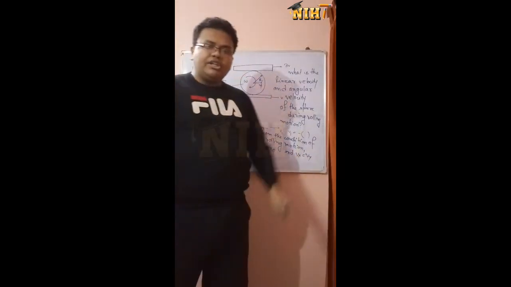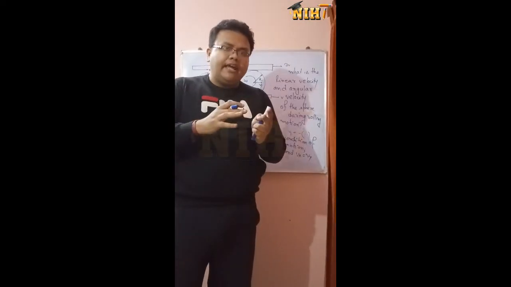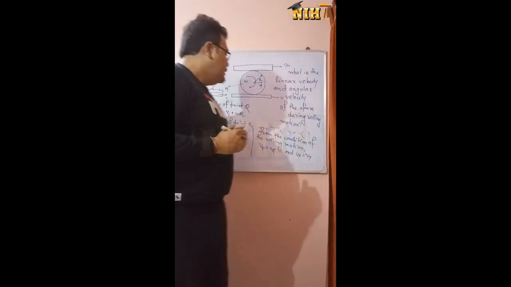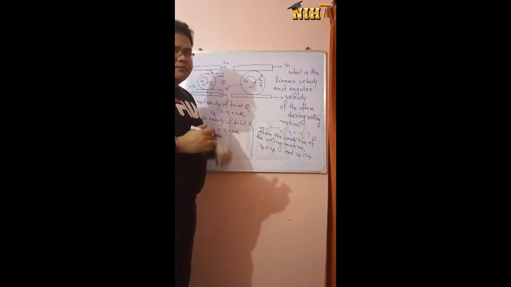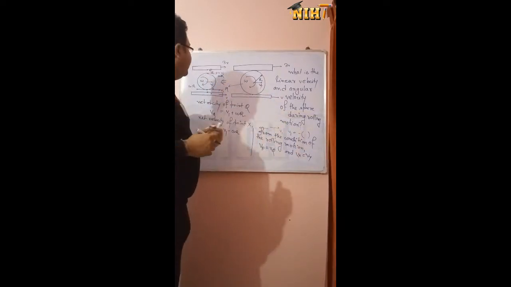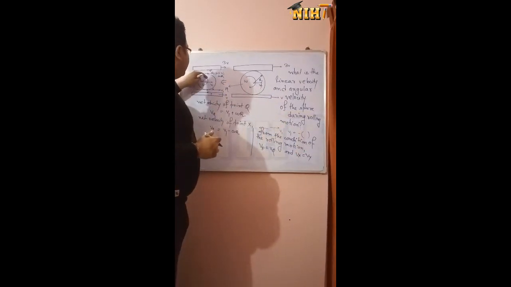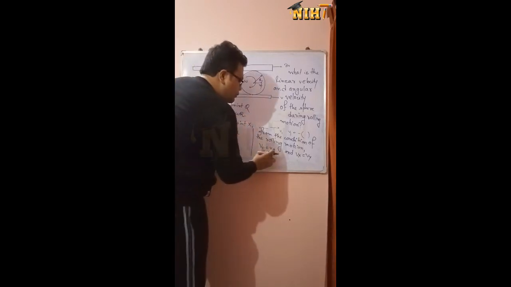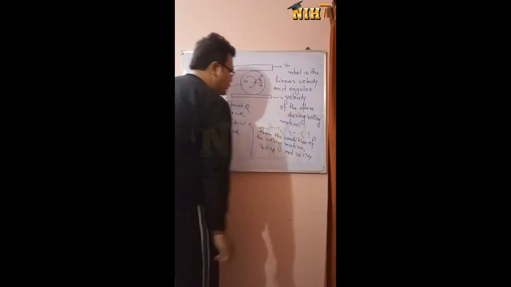These two conditions must be fulfilled if there is rolling motion. Right now the rolling motion is happening, that is already mentioned in the question. So Vp should be equal to Vq and Vx should be equal to Vy.